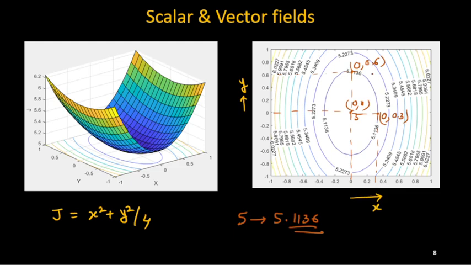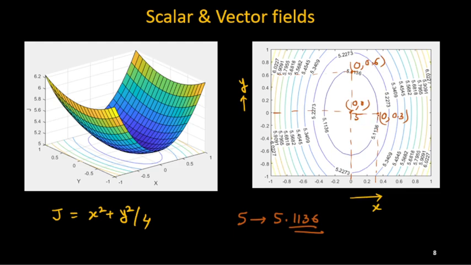Okay, whereas if we keep x constant and increase y only, then we need to increase y by 0.6. Only then will we get the same result, 5.1136. Meaning is that if x is increased by only 0.3, we get the same result, whereas to get the same result, we need to increase y by 0.6.